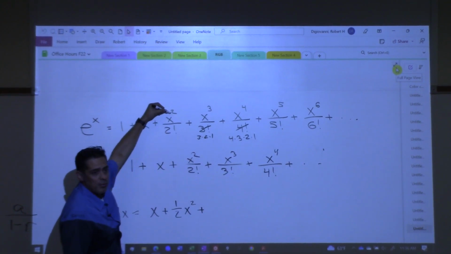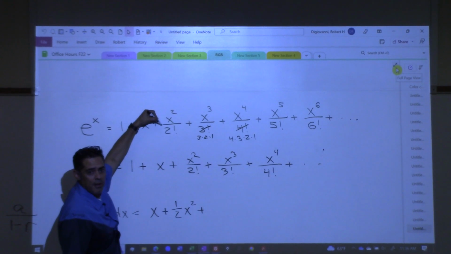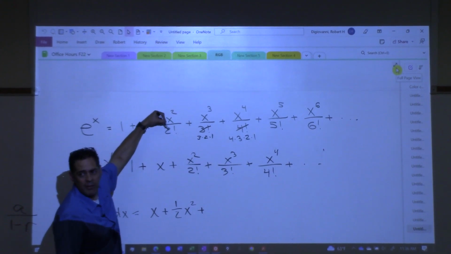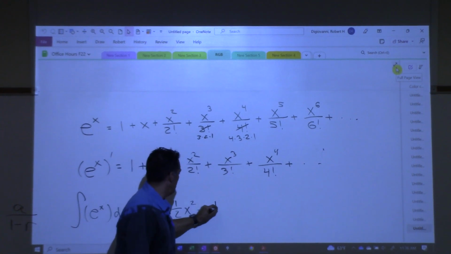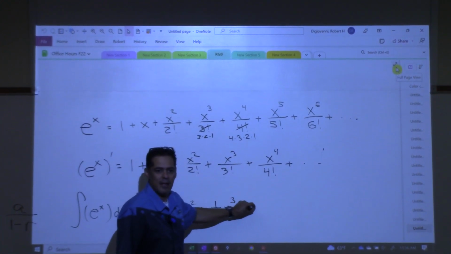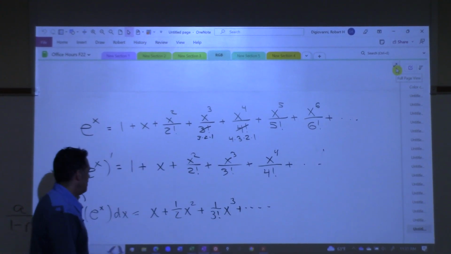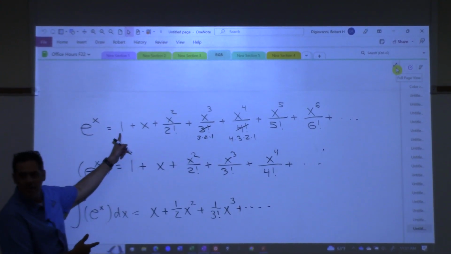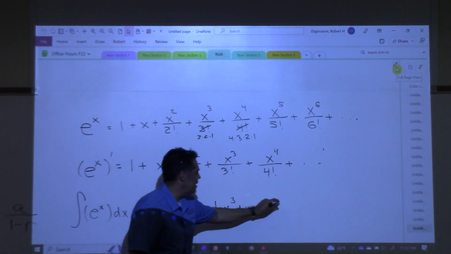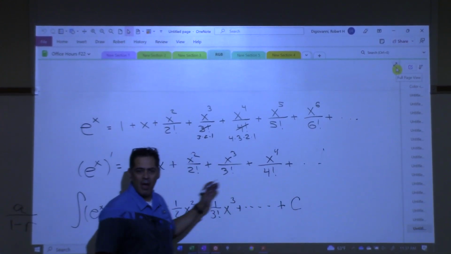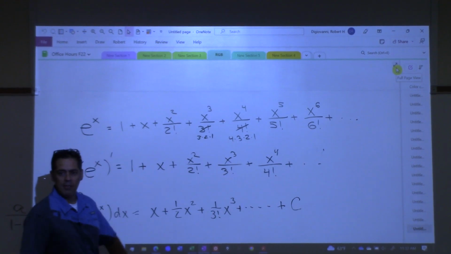Well, you'll get an x cubed on top, and then you'll have to put a 1/3 in front, and then that 3 hits the 2 factorial and becomes a 3 factorial. So you get 1 over 3 factorial x cubed. Do you see how this is exactly the same thing? Right? Now, I'm missing the 1 out front, right? But what do I have every time I do an antiderivative? Plus c at the end, right? So that's my constant. The 1 is like my constant.